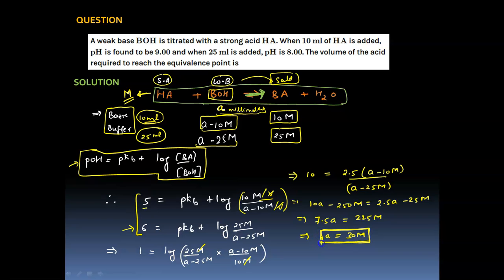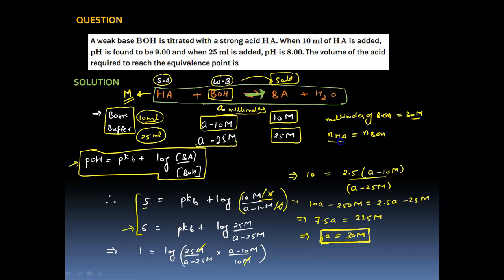So what was A? A was the millimoles of BOH, and that was 30M. Now the question is the volume of acid required to reach the equivalence point. The equivalence point will be reached when the number of moles of HA is equal to the number of moles of BOH.